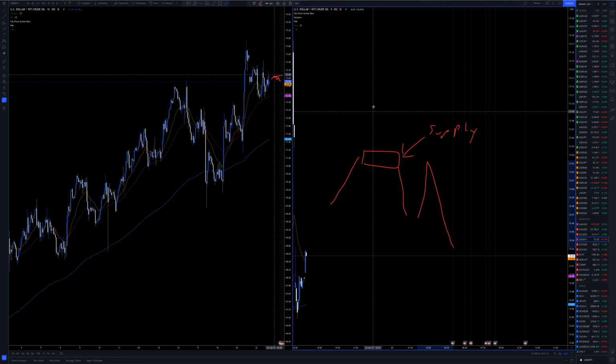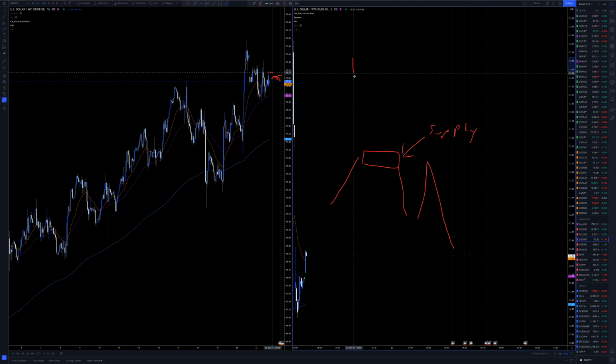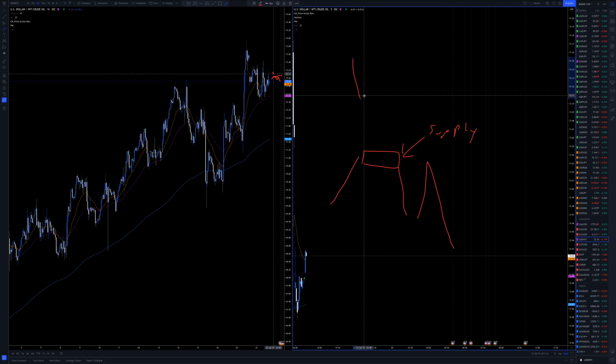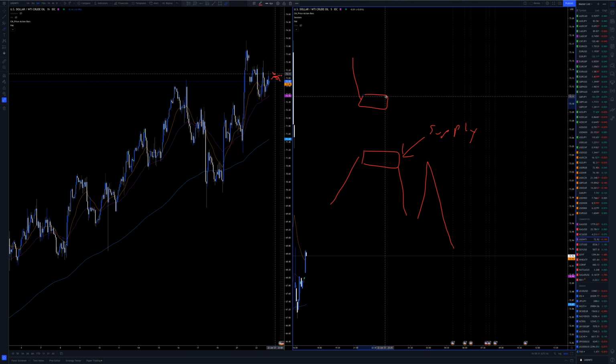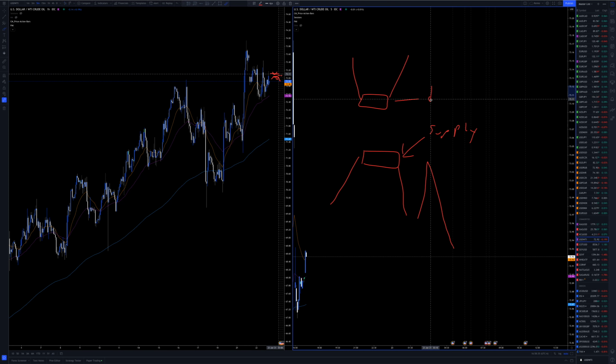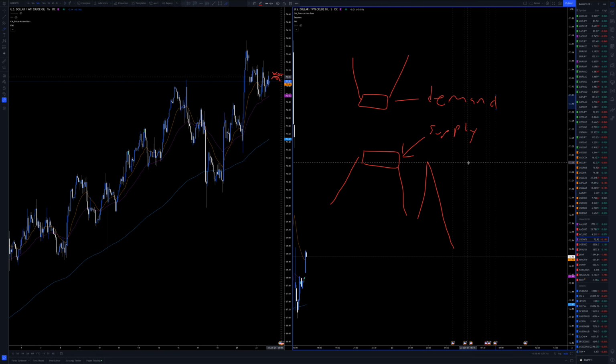And the reverse of this is obviously going to be a buy setup, a demand setup. So you have a drop in price, you have a base, and then you get a strong rally in price out of it. And then this is demand. And let me just write that down for you. Okay, and then the two other setups, very simple.